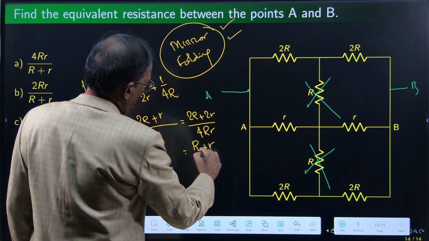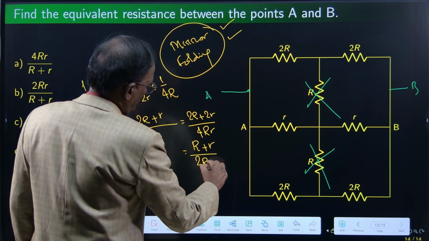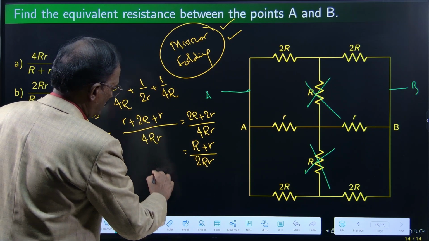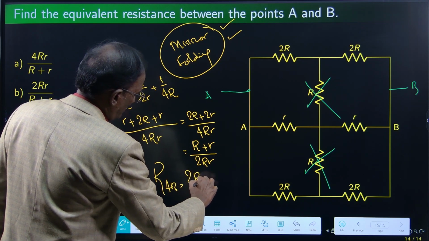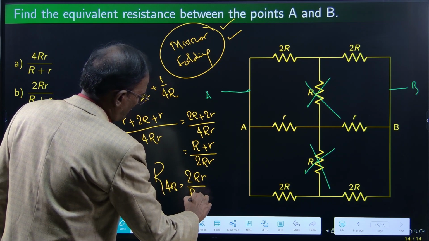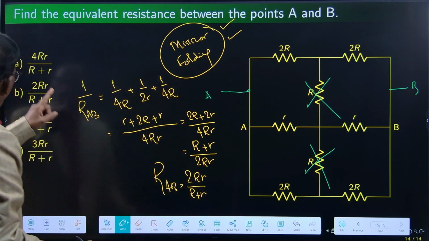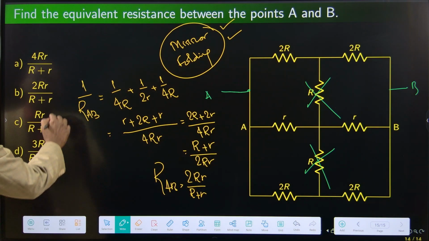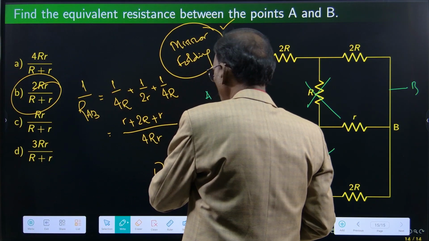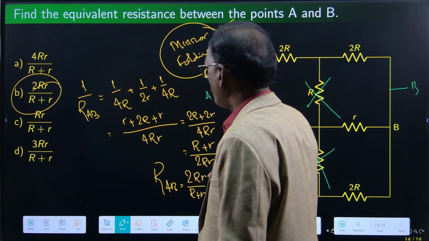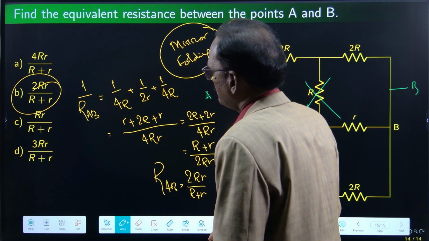So R plus r divided by 2Rr. This is 1 by RAB. So RAB is equal to 2Rr divided by R plus r. Option B is the correct answer: 2 capital R small r divided by R plus r. Right?